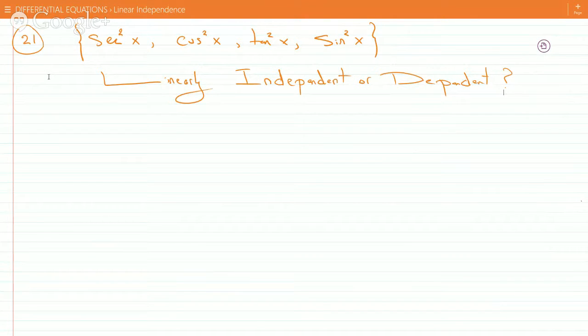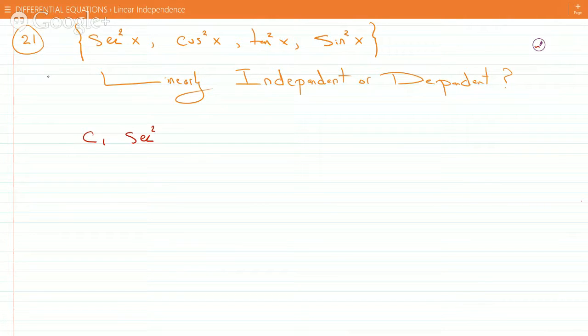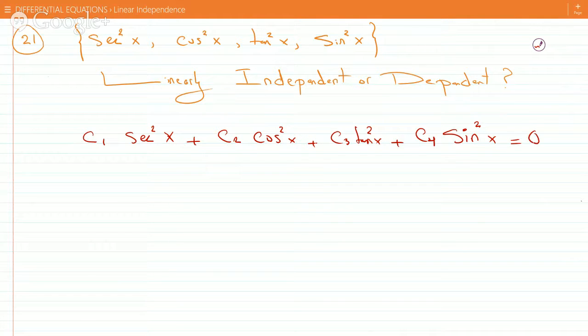Whether they're linearly independent or dependent depends on whether there exist C1, C2, C3, and C4, where C1 secant squared x plus C2 cosine squared x plus C3 tan squared x plus C4 sine squared x equals 0 for non-zero values of C1, C2, C3, and C4. Then they would be linearly dependent, correct?